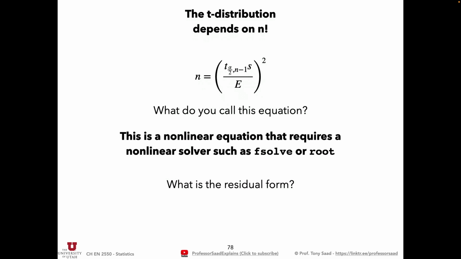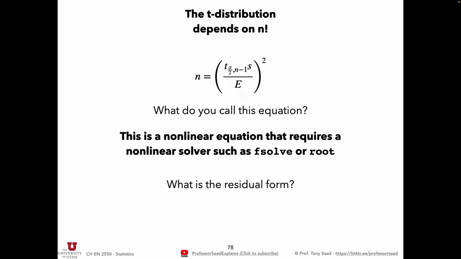Okay, what would you put as an initial guess for your nonlinear solver? What would be a close estimate that we have an answer for? No, the mean has nothing to do with the sample size, but could you find your z value assuming it was a z-test? So get the n value from the z-test and put that as your initial guess to get the n value for the t-test.